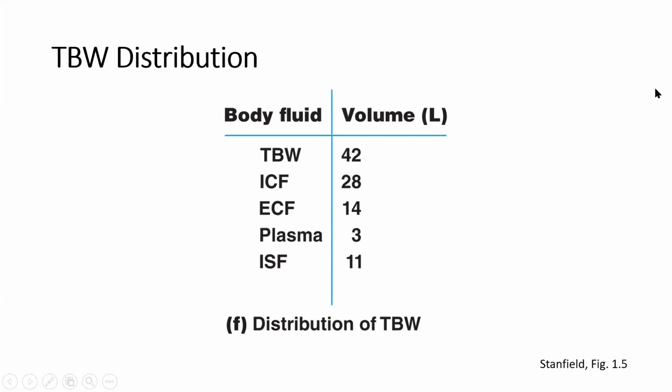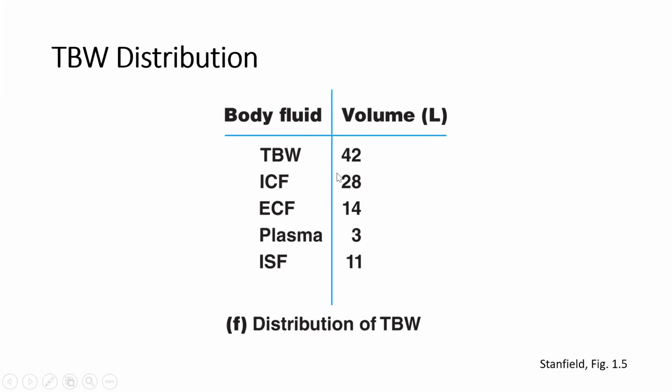All right. Now, this table, I don't want you to memorize these values. What I really want is for you to understand the proportions here and take a look at the big picture in regard to the proportions. So what we can see is that total body water is about 42 liters.